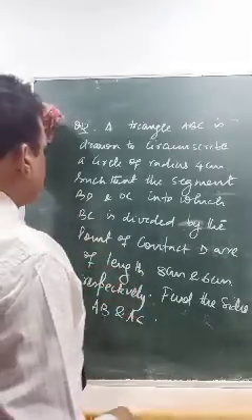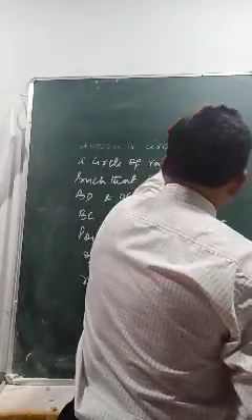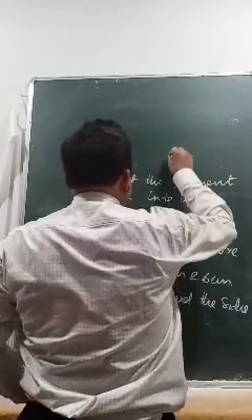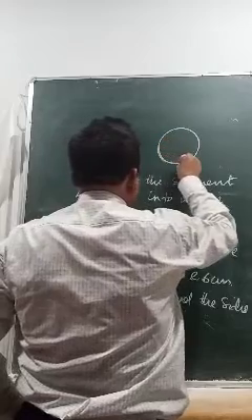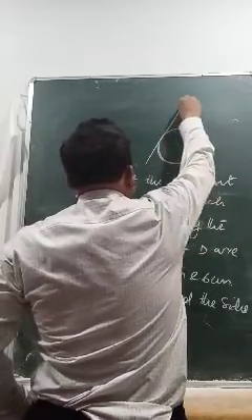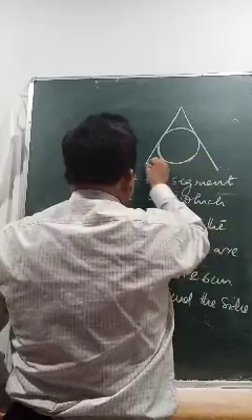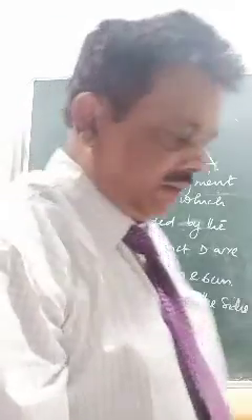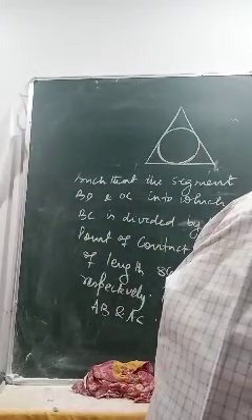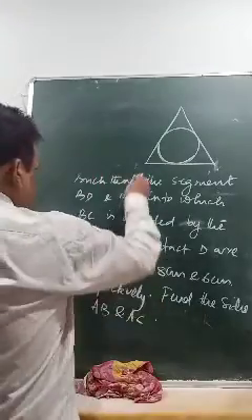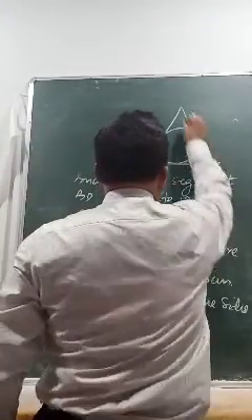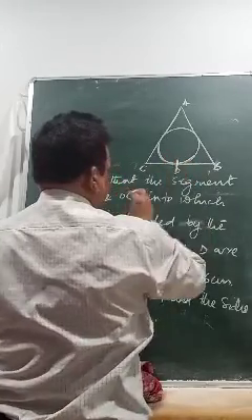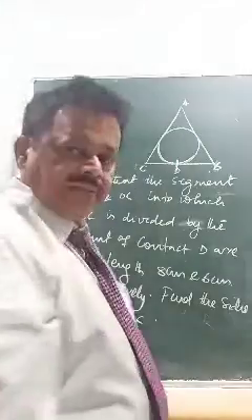Okay, then this is C, suppose this is B, suppose this is A, suppose BC is divided with the point of contact. Point of contact means it becomes the tangent.